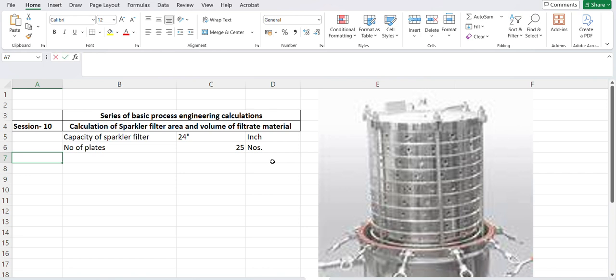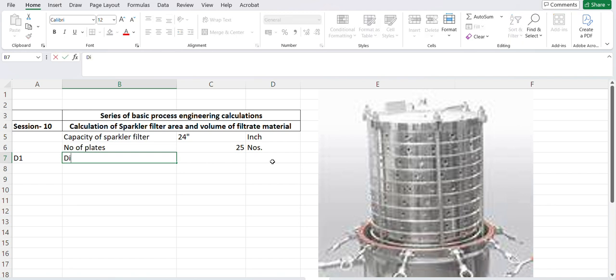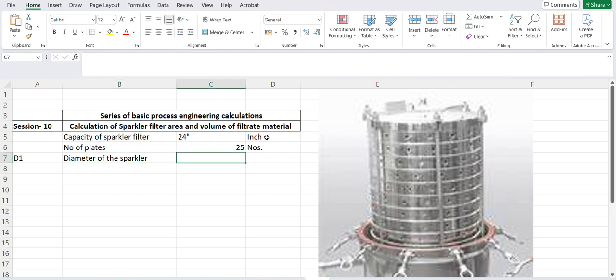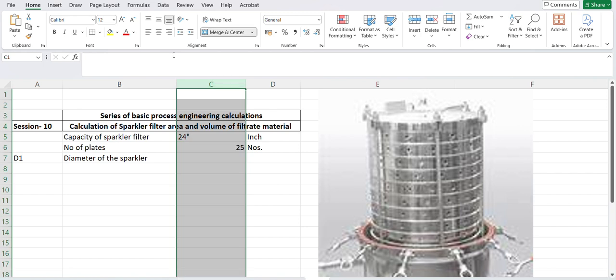Then again we note down the data whatever is available with us, so that it could be helpful for the calculation. Then we have the diameter of the sparkler. As we have mentioned here, the diameter is 24 inch.